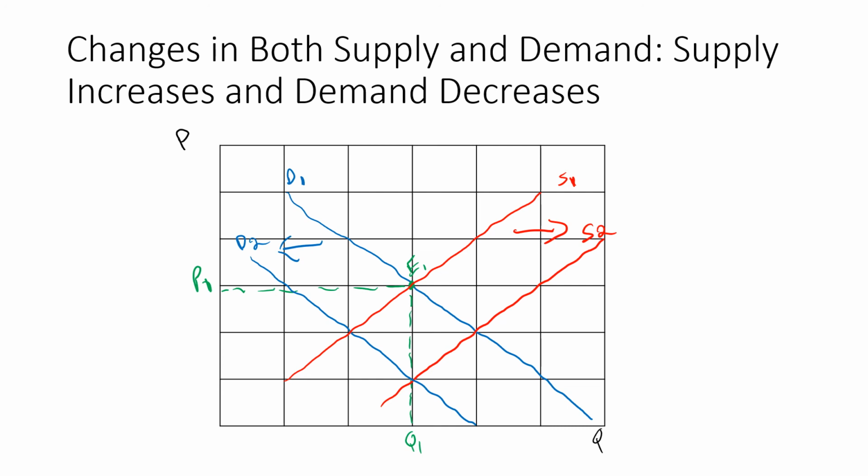Usually our quantity is going to remain the same. So let's look for our new equilibrium point. And that's going to be, again, where D2 and S2 cross, which happens to be here, E2. So our quantity is not going to change.